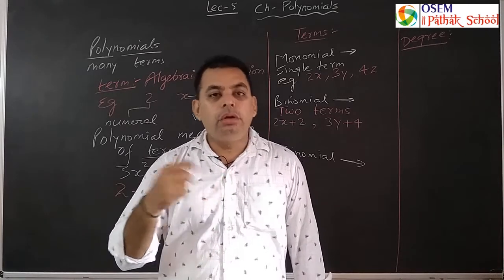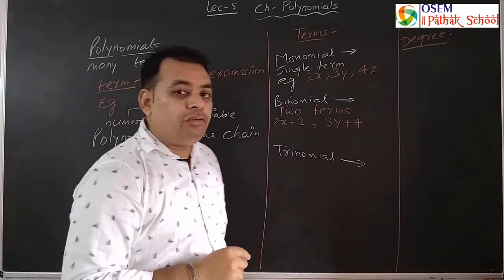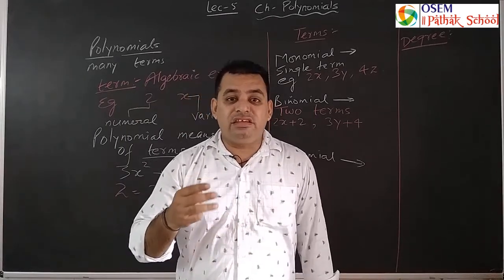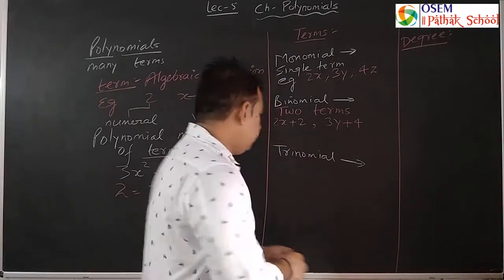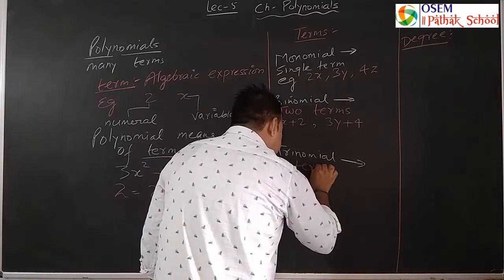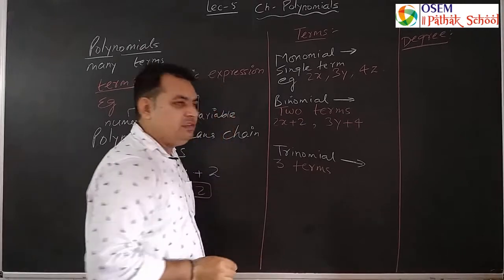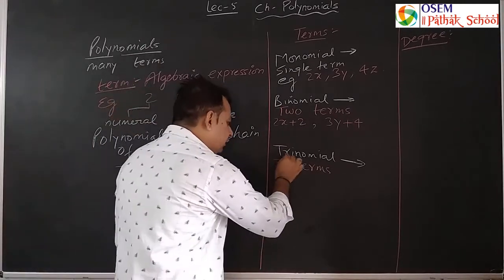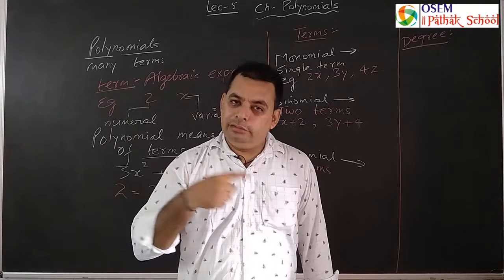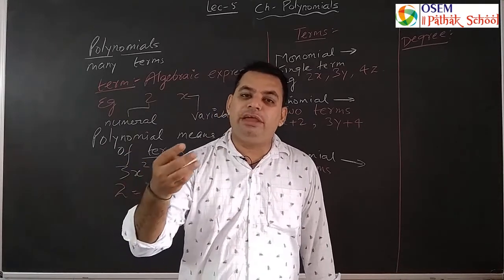Bi means two terms. Now about the trinomial. What is a trinomial? A polynomial that consists of three terms is known as a trinomial. Tri itself means three. Tricolor, three colors, like that. Triangle, three angles. Tri means three.